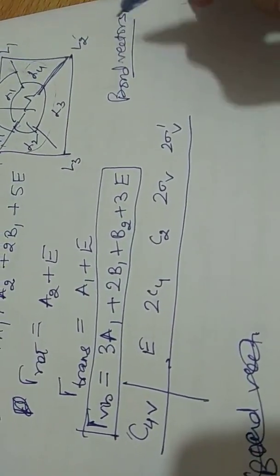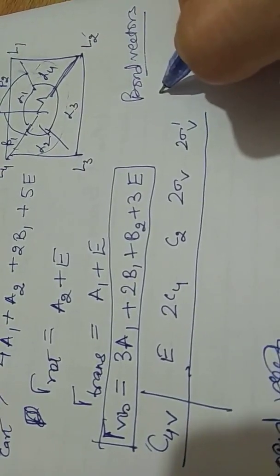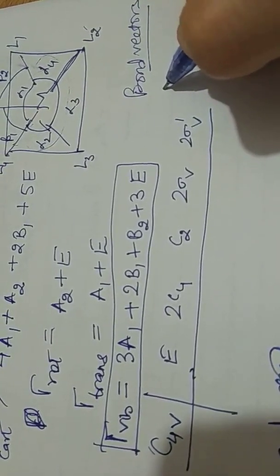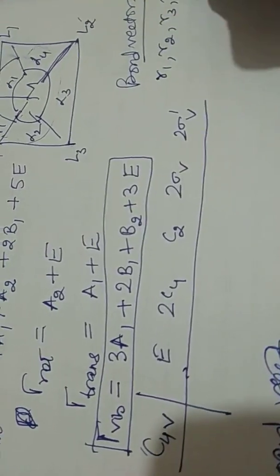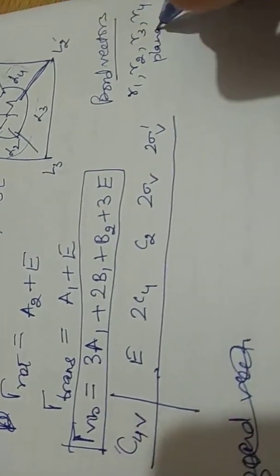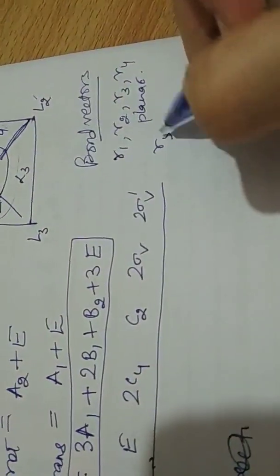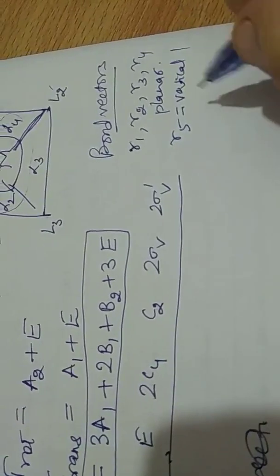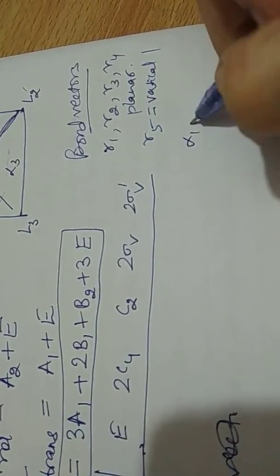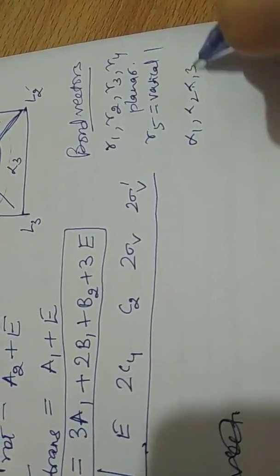Which bond vectors are there in this? The ones are R1, R2, R3, R4. These are all planar, right? They are all in one plane. Then R5, this is vertical. Then alpha 1, alpha 2, alpha 3 and alpha 4.